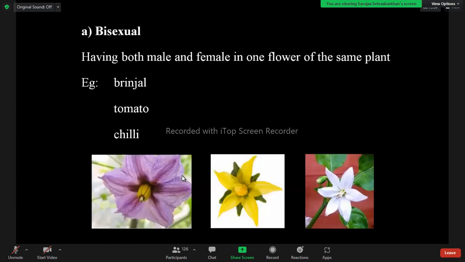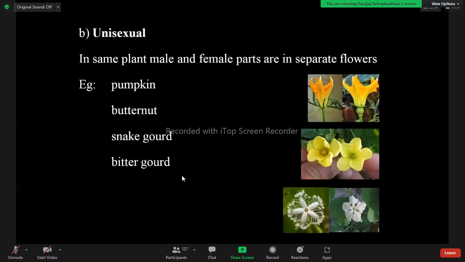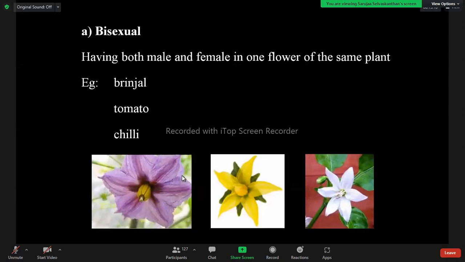That is monoecious and dioecious. Here we can also classify flowers into two types: bisexual and unisexual. Bisexual means having both male and female organs in one flower of the same plant.